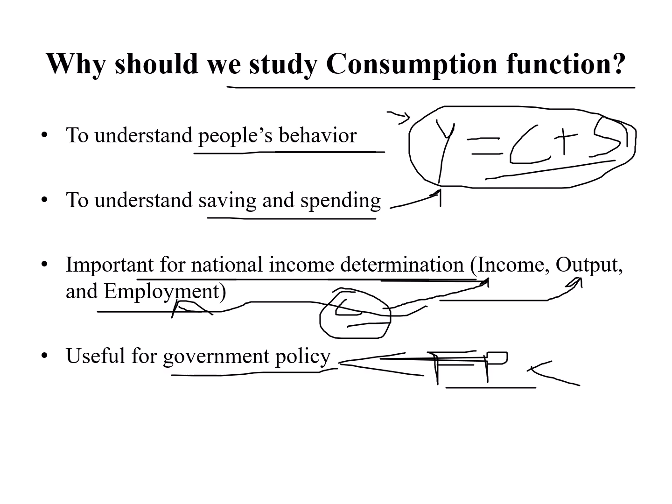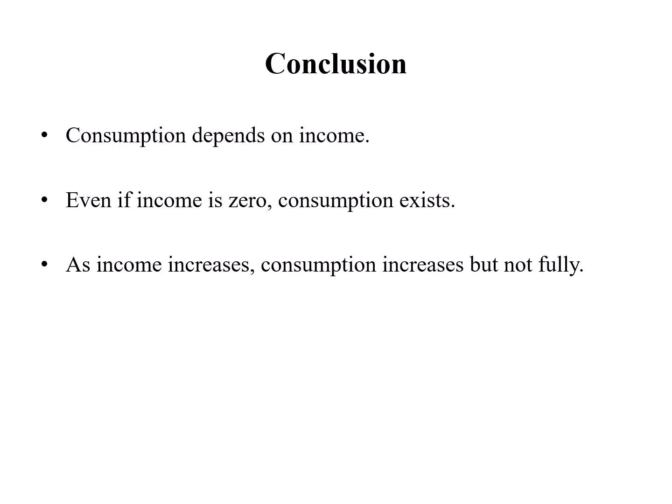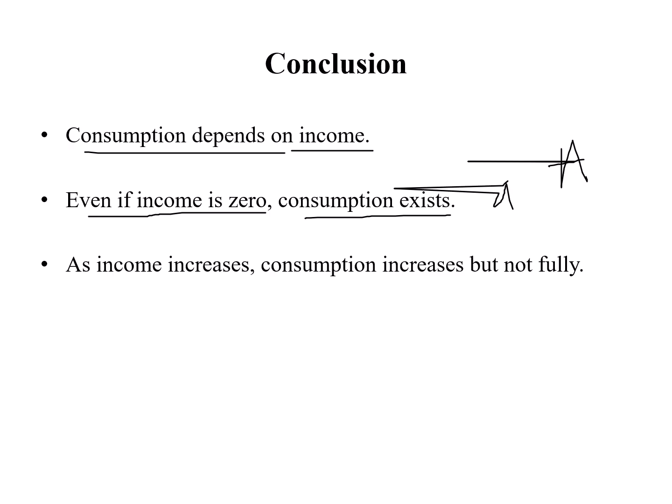So I hope you understood. Next point: by knowing this consumption function, we understood consumption depends on income, and even if income is zero, consumption exists. We call this autonomous consumption.